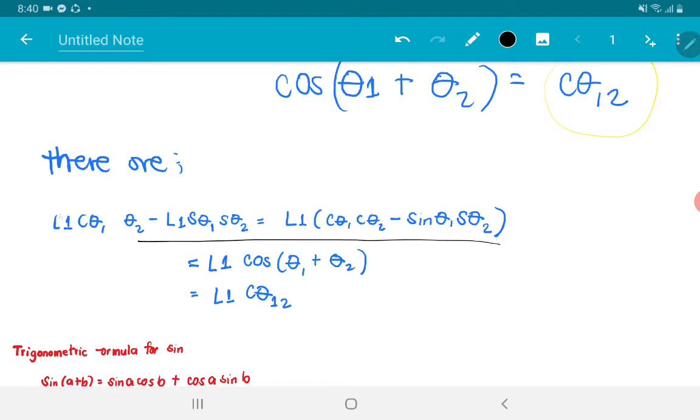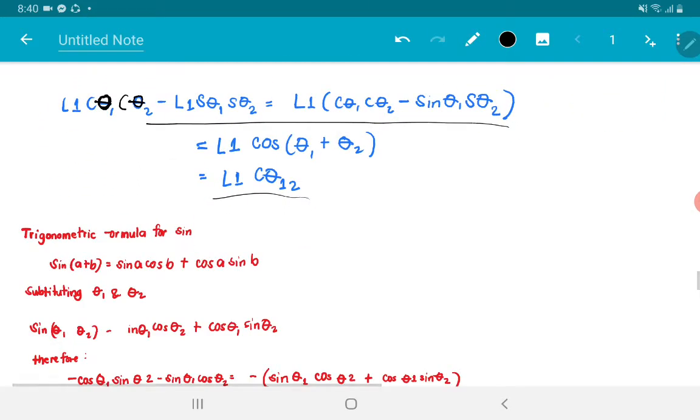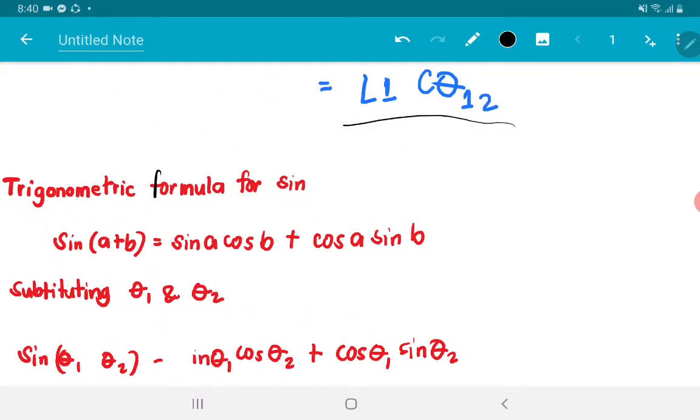So L1 cosine theta 1 cosine theta 2 minus L1 sine theta 1 sine theta 2 is equal to L1 times the quantity cosine theta 1 cosine theta 2 minus sine theta 1 sine theta 2, which is equal to L1 cosine 1 2.